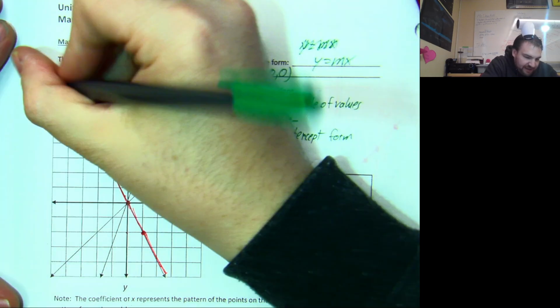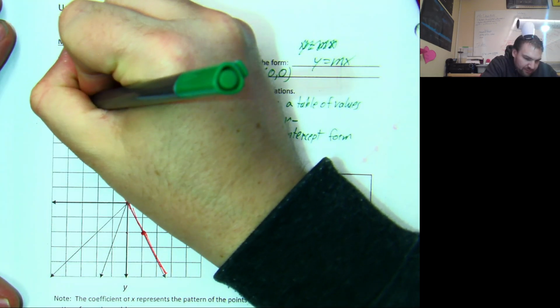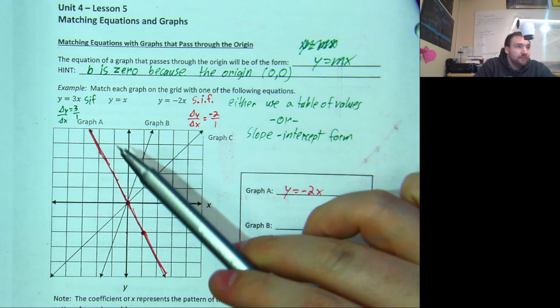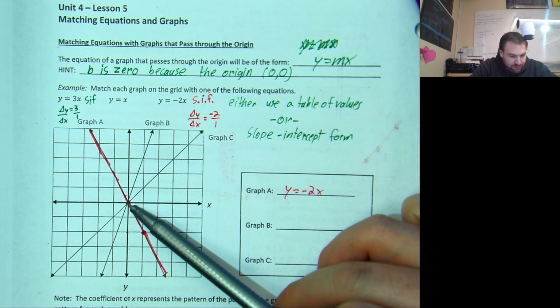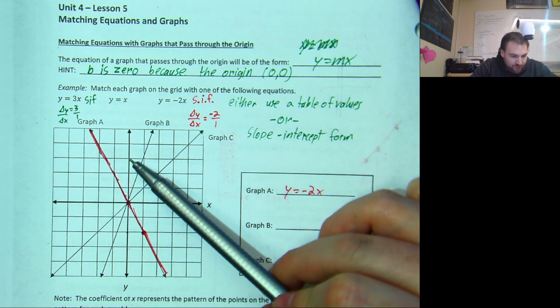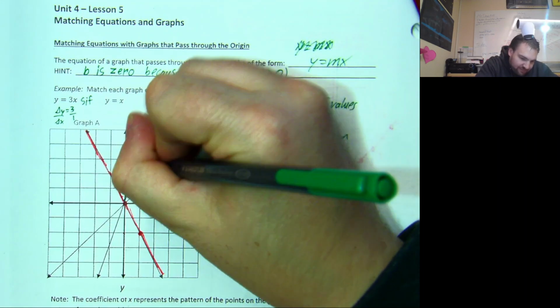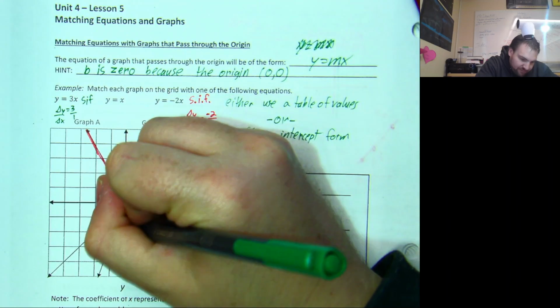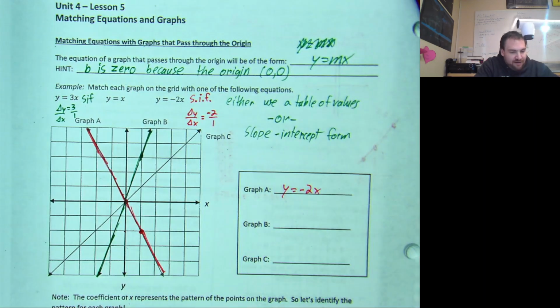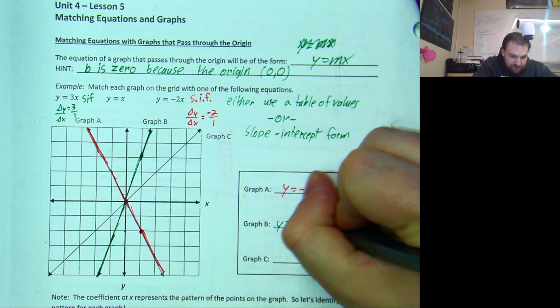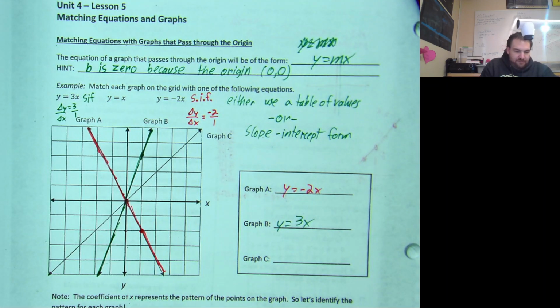We recognized, you said it was 3 up over 1. So from the origin, I went up 3. I went over 1. Oh, look. What graph is that? It's graph B. So graph B must be y equals 3x.